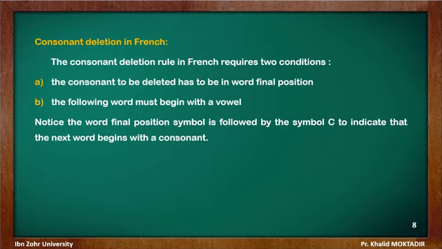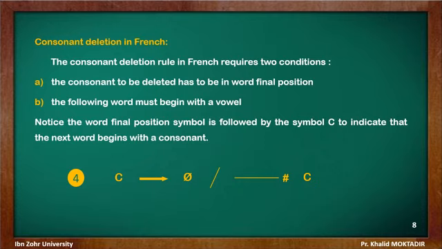In other words, this is what we should contain in our environment. Notice the word final position symbol is followed by the symbol C to indicate that the next word begins with a consonant. So the rule is saying a consonant is deleted in this context.